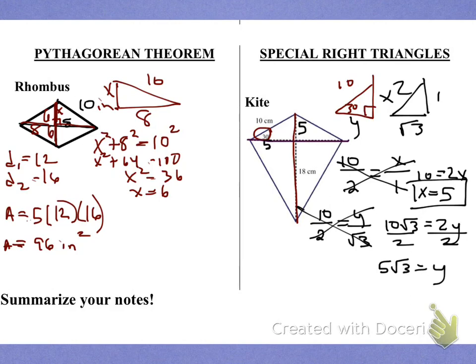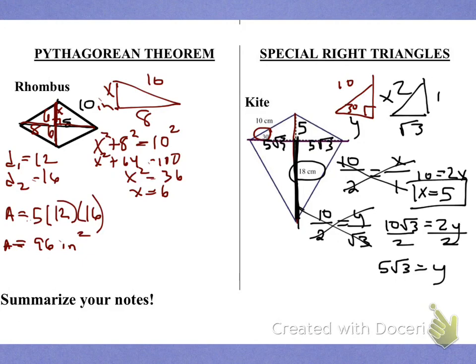So now we know 5√3, left side's the same as the right, so we have 5√3 here, but turns out we're actually still missing this part right here, because in a kite, it's not cut evenly in both diagonals, only one diagonal. So we need to solve for this guy right here. Oh, sorry, actually, I see we have 18. We don't even need to solve for that guy right there.